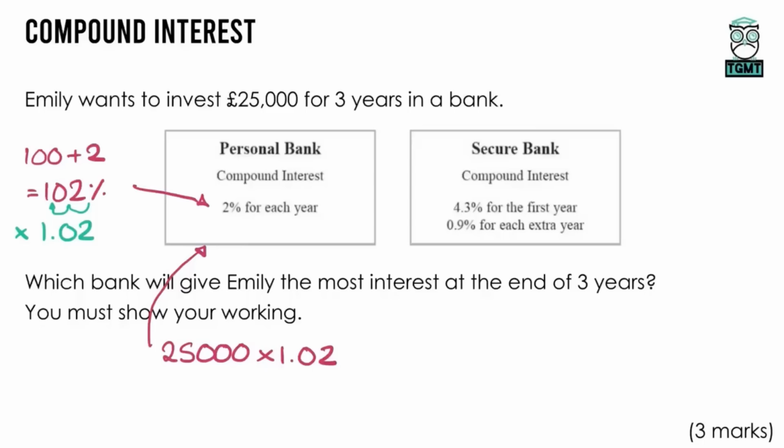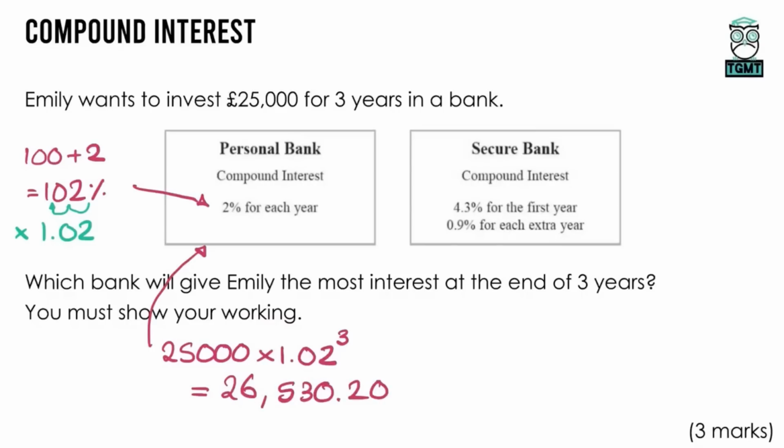However, you can get around that by just doing the power for the amount of years, and that'll just multiply by 1.02 3 times and do it all for you in one jump. So 25,000 times 1.02 to the power of 3, that comes out as £26,530 and 20 pence. So that's how much she'll get if she invests in personal bank.